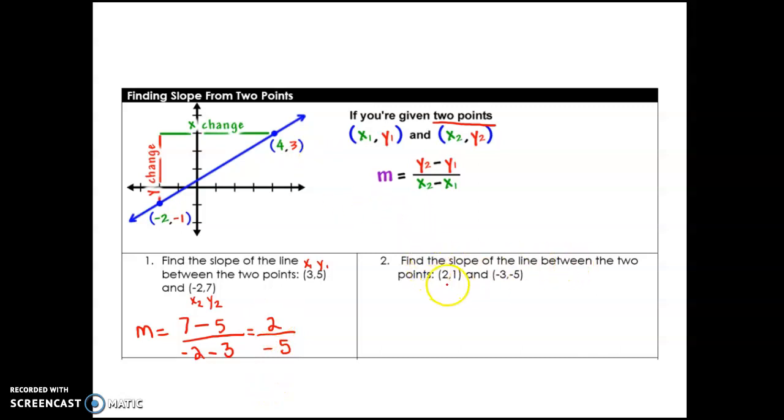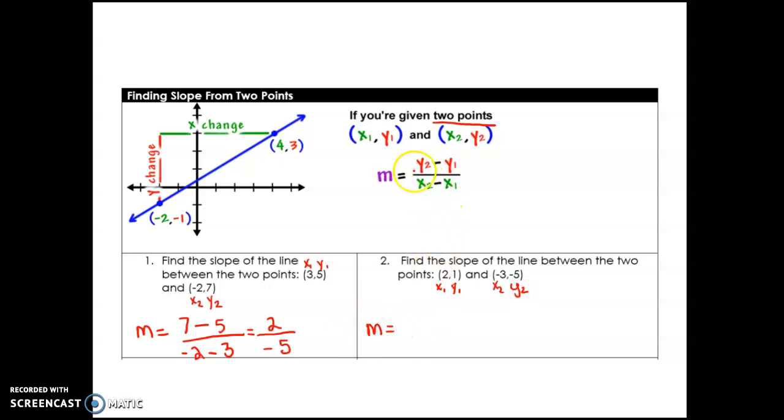Okay, I'm going to find the slope between the points 2, 1, and negative 3, negative 5. So my first x, my first y, my second x, and my second y, and putting it into the formula.